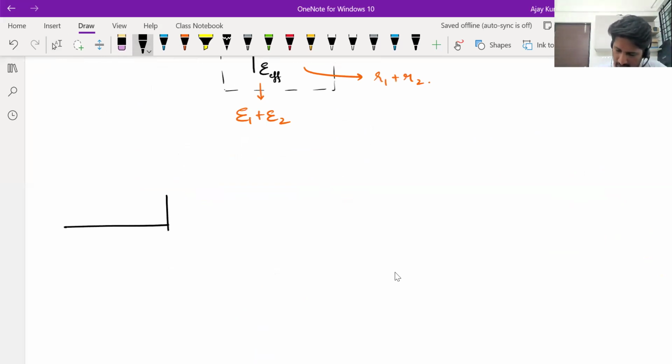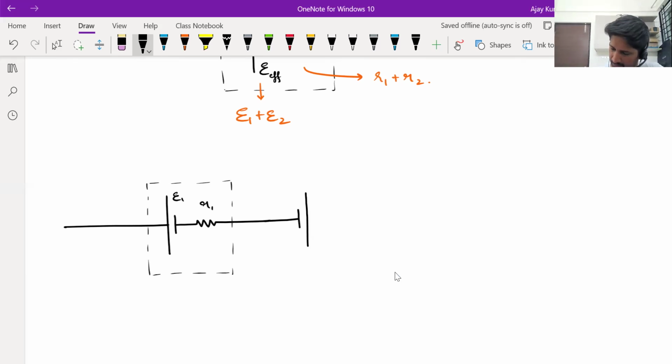One cell having its positive terminal to the left and some internal resistance. Another cell having its positive terminal to the right and some internal resistance.